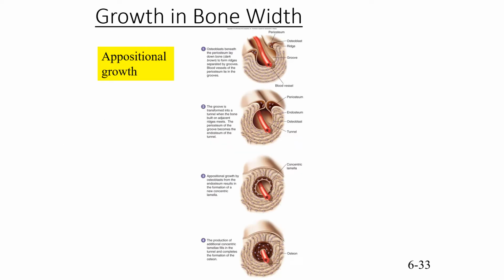During appositional growth, osteoblasts, which are sandwiched below the periosteum, will secrete matrix in areas of mechanical stress. Osteoblasts respond to mechanical stress by secreting more matrix. As more matrix is secreted, the surface of the bone grows and grows, creating eventually a thicker growth.